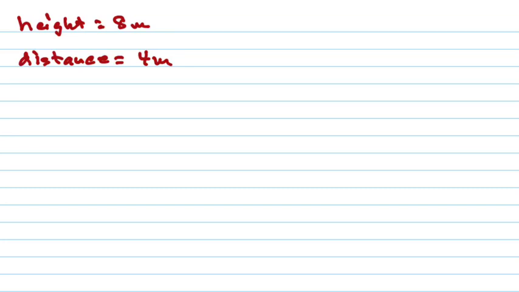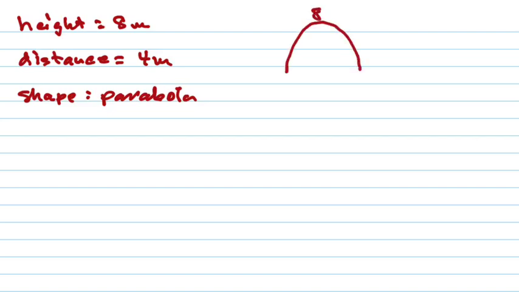We know that the shape is a parabola. So we have a parabola where this height is 8 meters. It starts off, when you kick it, it hasn't gone any distance, right? But when it hits the ground again, it's gone 4 meters.